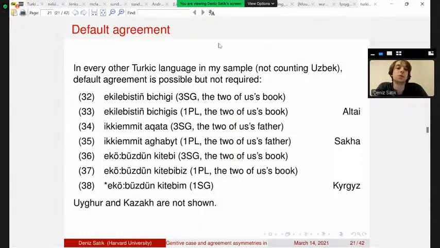So in Sakha, for example, ikiye mit ahata or ikiye mit arbet, either is fine. So this is basically like saying ikimizin kedisi and ikimizin kedimiz are both fine in these other Turkic languages. In Turkish, of course, you can't say ikimizin kedimiz. And I believe this is also the case in Uyghur and Kazakh as well.